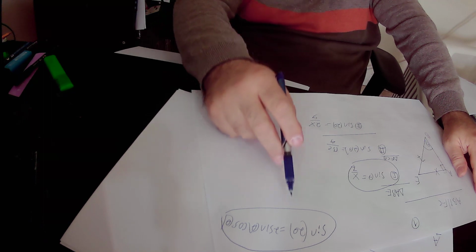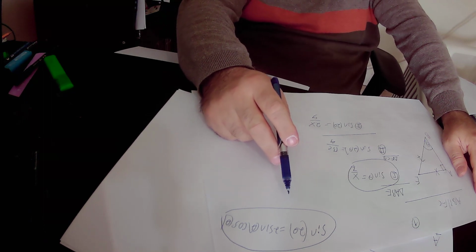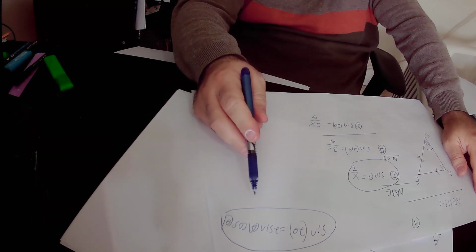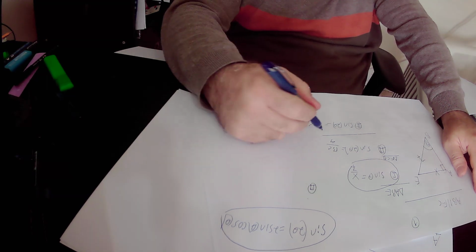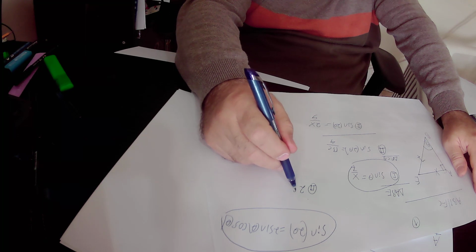So according to this trigonometric identity, we can substitute sine 2 theta by 2 sine theta cosine theta. So we'll do it: sine 2 theta equals 2 sine theta cosine theta.